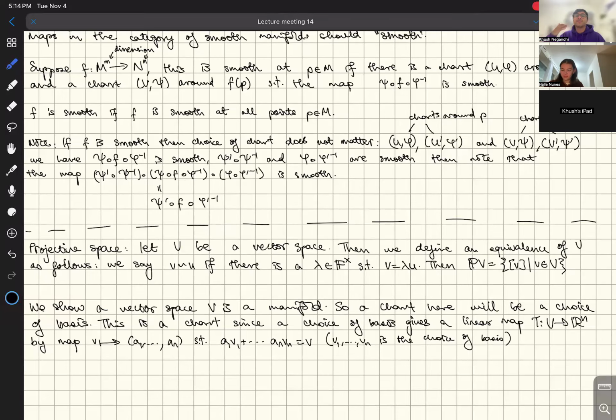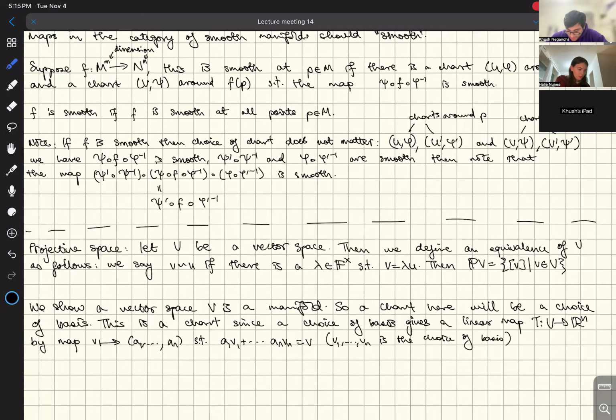So vector spaces are smooth manifolds. This proof only works for real vector spaces. You have to tweak this very slightly to make it work for the complex case. I will leave that as an exercise. I think it's a fun exercise.